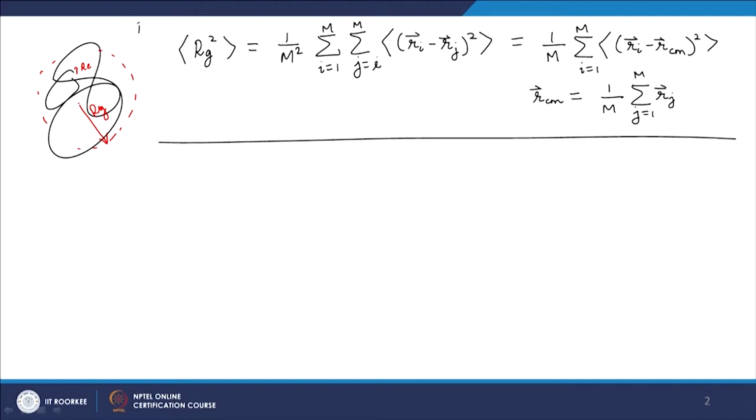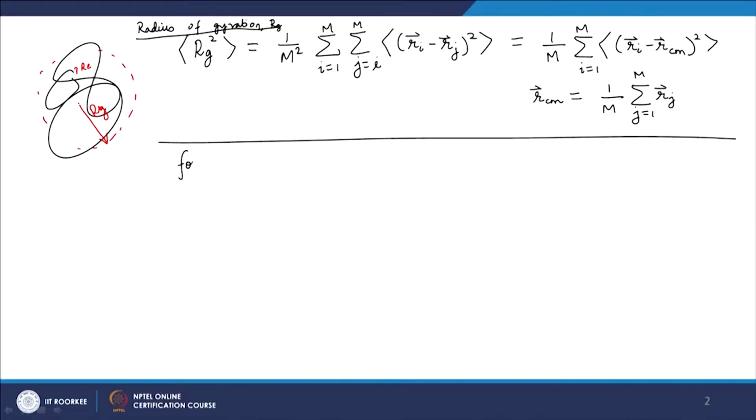the radius of gyration, Rg. And now I want to look at how the expression will change for an ideal chain. Of course, the expression we have derived remains the same, but we can do further simplifications if we assume an ideal chain.